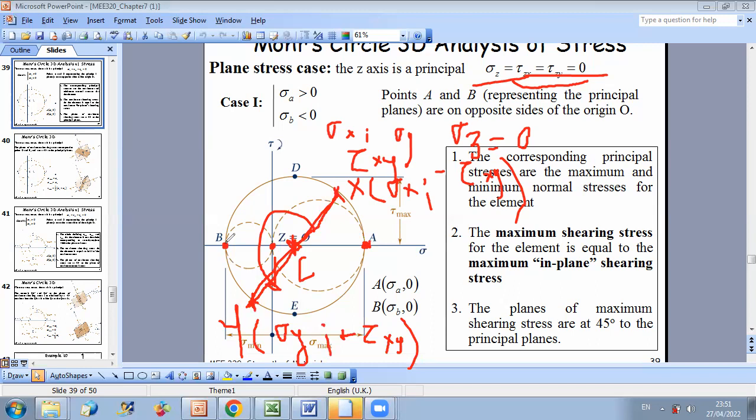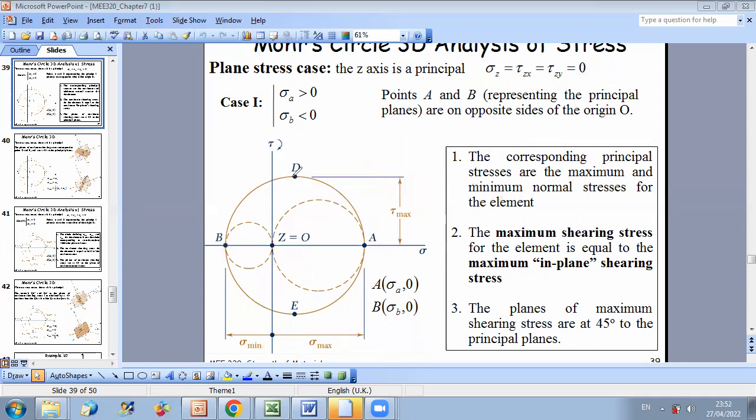And then I can say that in case I have sigma A positive and sigma B negative, the third principal axis is Z, because this point corresponds to sigma z, with tau zx and tau zy equal to 0. Then I can say that the maximum shear stress is equal to the radius of circle AB.